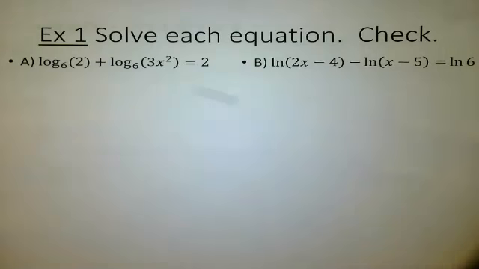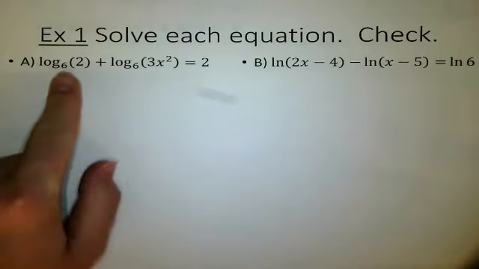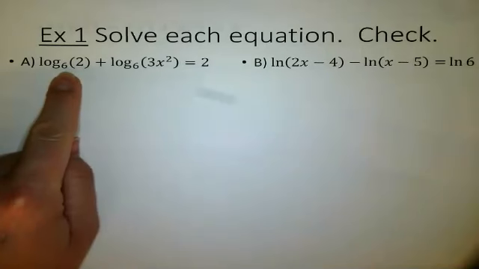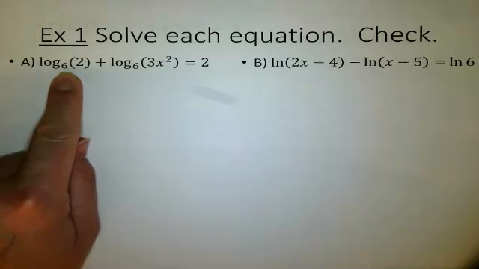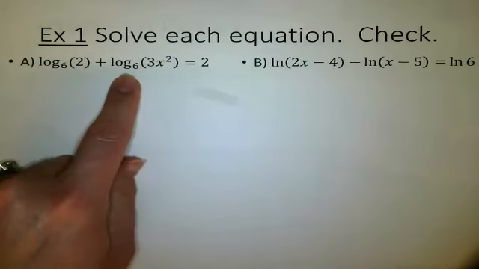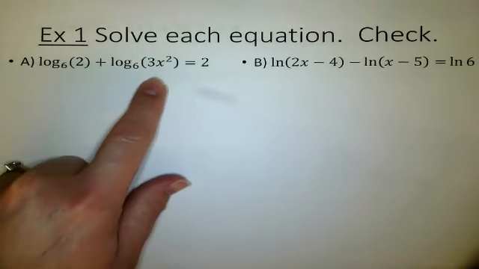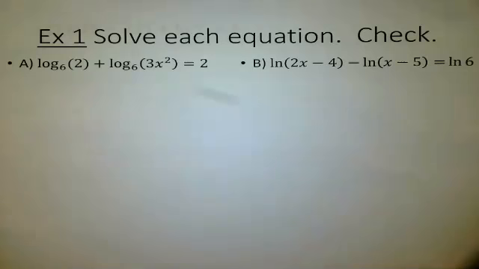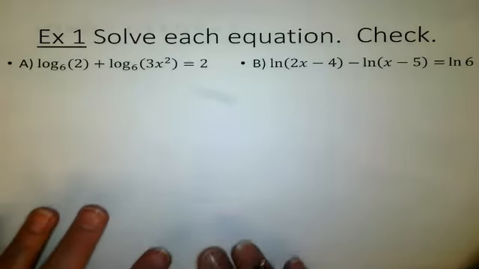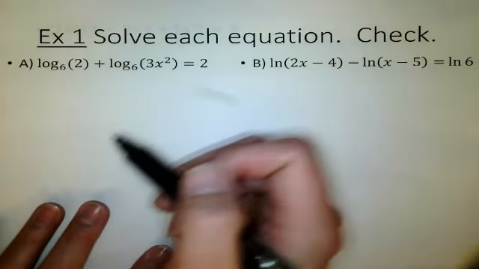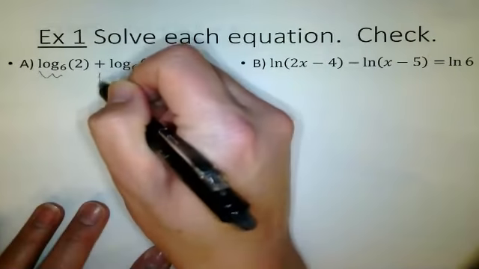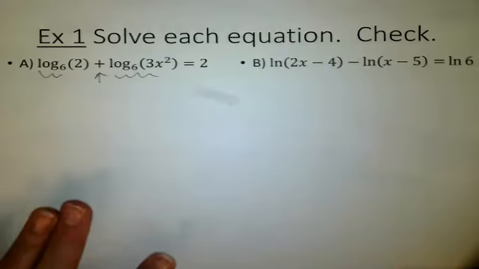All right, we have log base 6 of 2. That is just a number, but I don't know that number. It's not one I can do in my head. 6 to what power gives me 2? Weird. And then log base 6 of 3x squared equals 2. So here I have a log plus a log, and they have the same base.